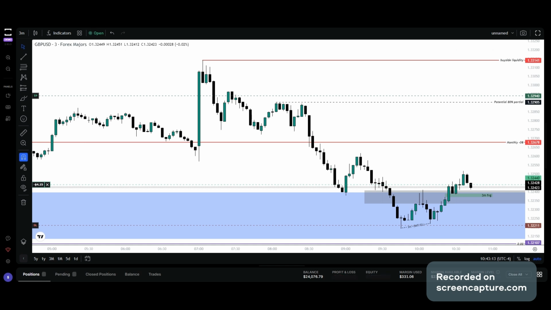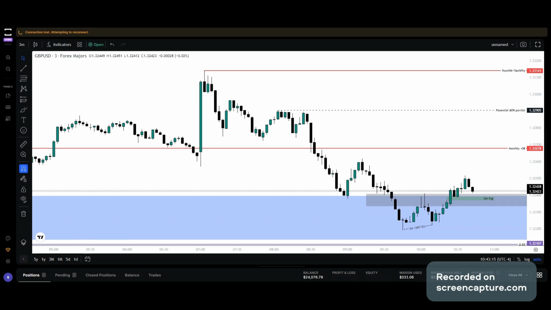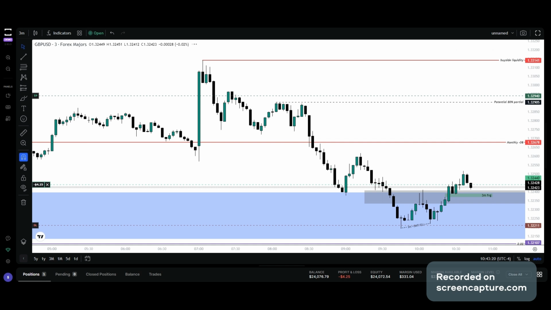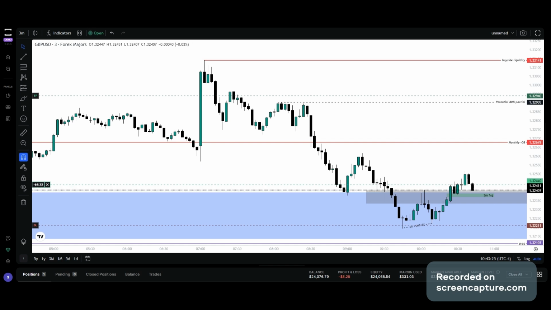I like to see it get inverted. Yeah, that's not a good sign.